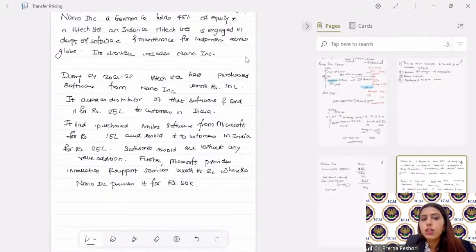Which is 40%. My GP margin comes to 40%. Are we on the same page till now? What is the GP margin you have got till now?